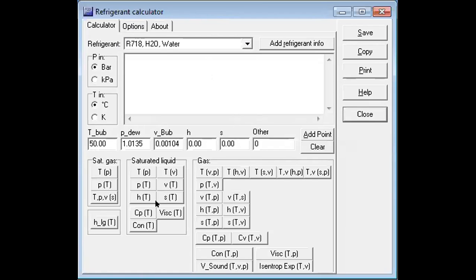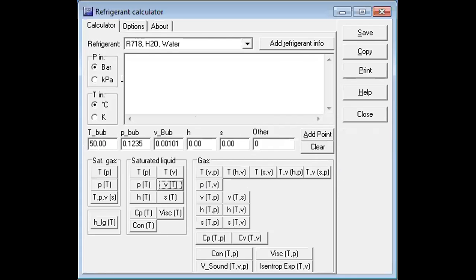So the saturated liquid is here. Let's say you need the corresponding pressure. See, the pressure is changing. The same way you can get temperature, pressure, specific volumes, V of T here. See, things are changing. And the gas here.